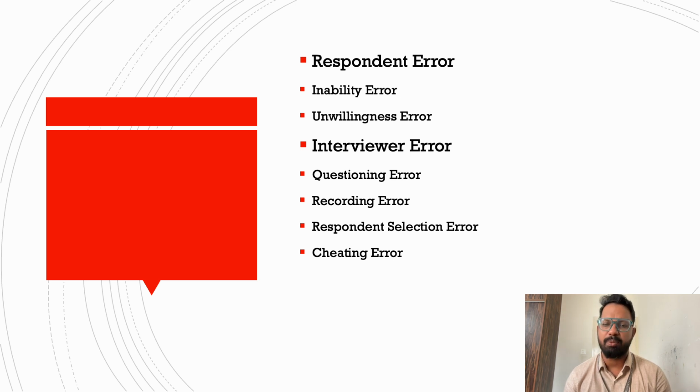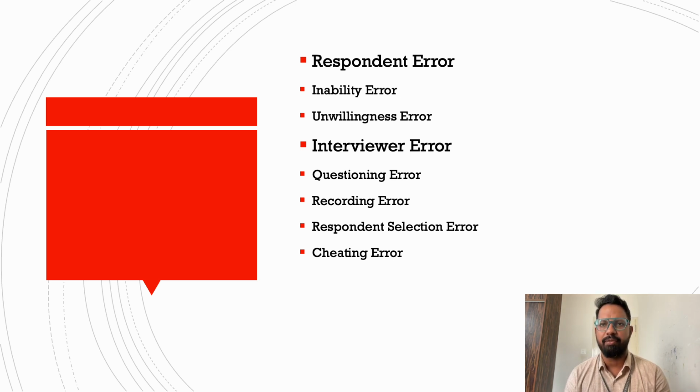Then sometimes respondent selection error. Respondent selection error is when the study is about a particular topic, and you are selecting respondents who are nowhere connected with that topic. Then cheating error also.